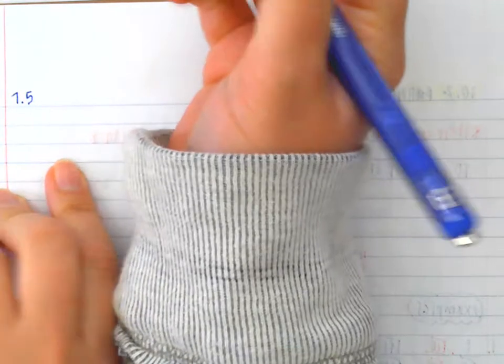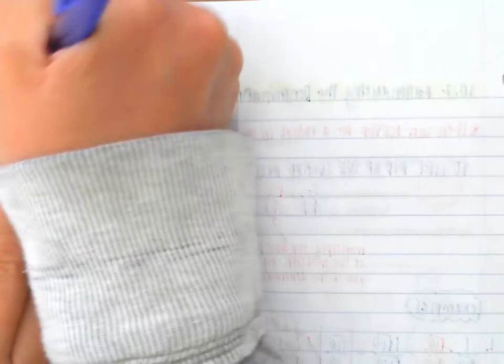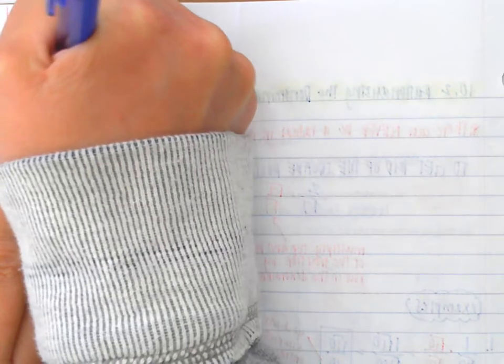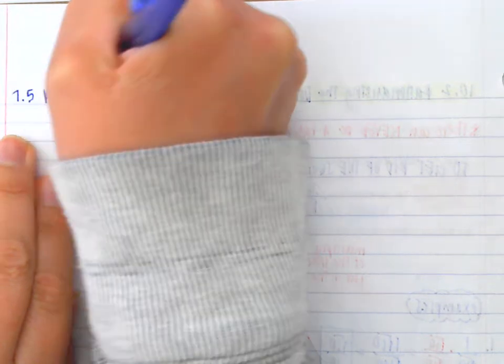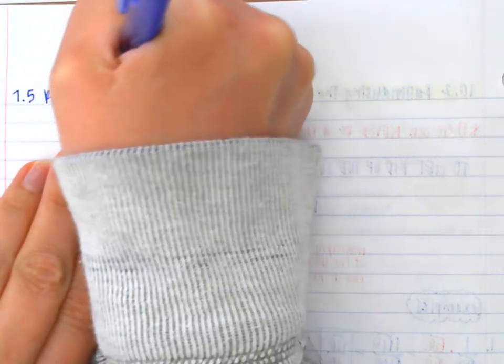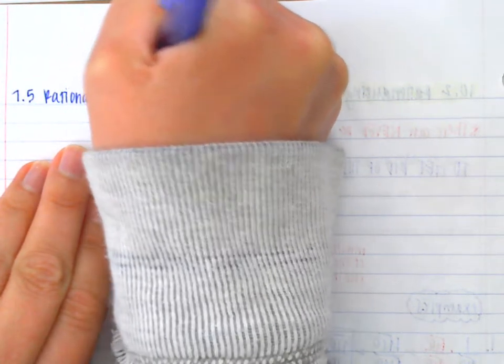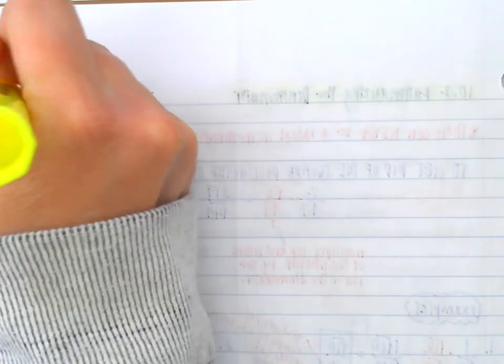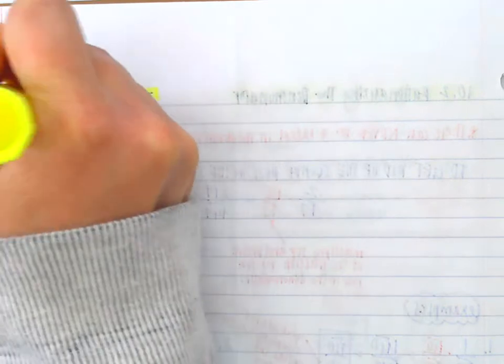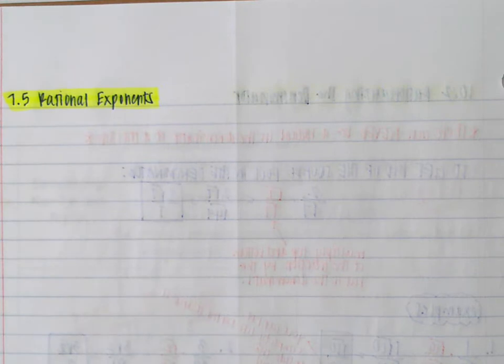So 7-5 is rational exponents. Okay, so a rational exponent is basically a fraction, an exponent that's a fraction. And so we're going to look at that.